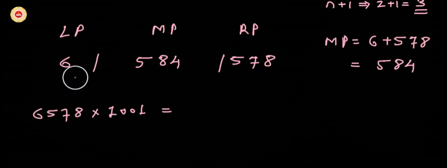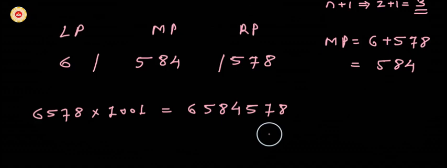Start writing the answer from the leftmost part. What is the leftmost part? 6. Write 6 as it is. Remove the slash. Write the middle part 584. Remove the slash and write the rightmost part 578. Now friends, this is the answer.